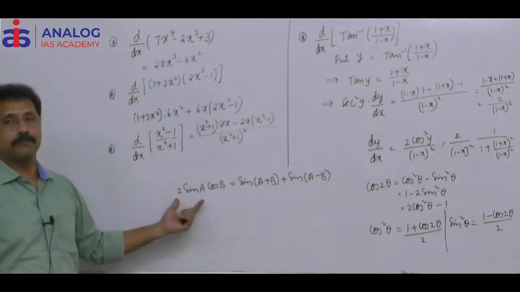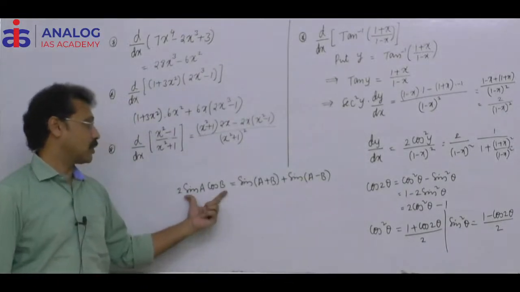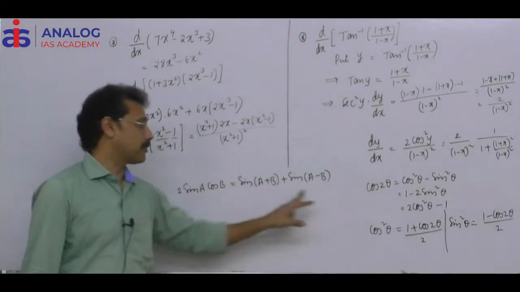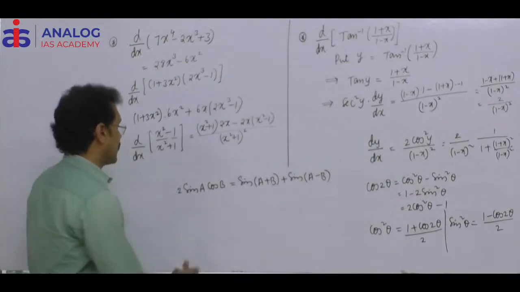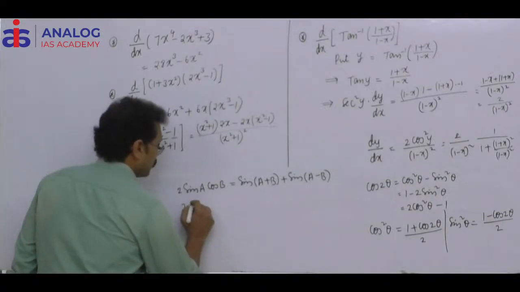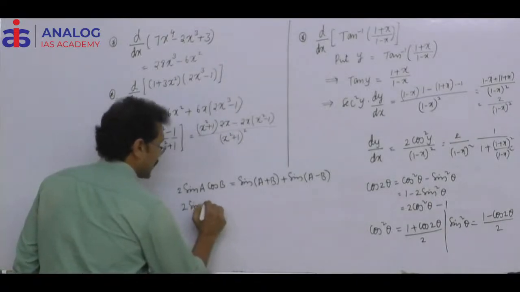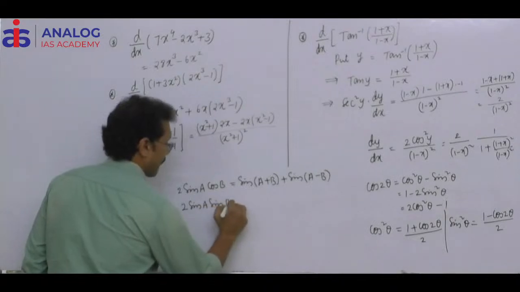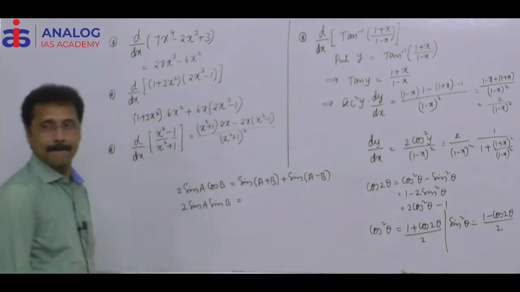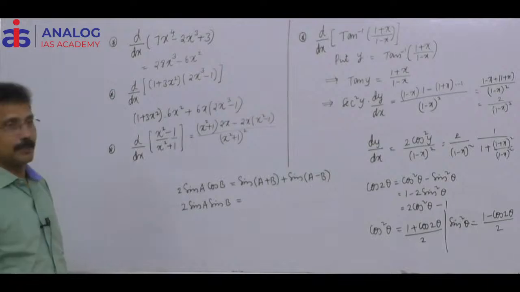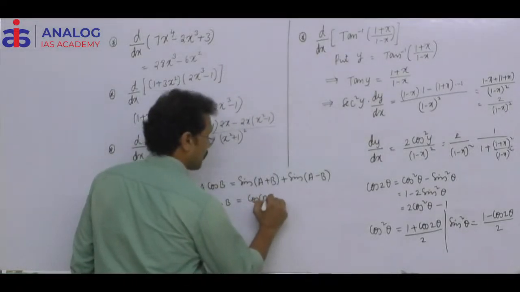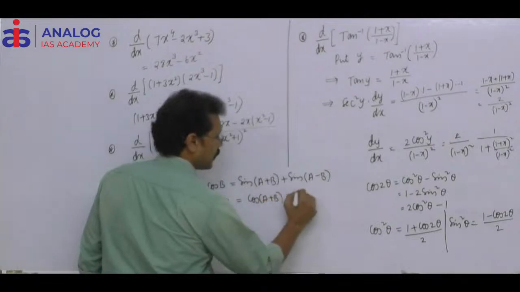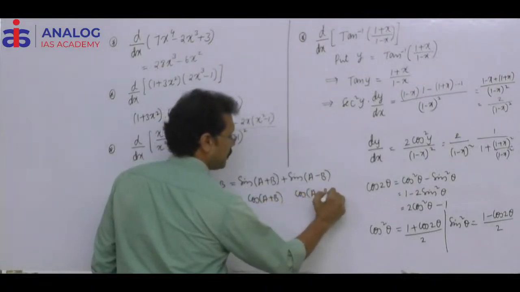Therefore whenever you have sin a cos b, it is nothing but half of sin a plus b plus sin a minus b. Similarly, if I have 2 sin A sin B, this will be in terms of cos actually. So cos A plus B and cos A minus B, you need to work it out.